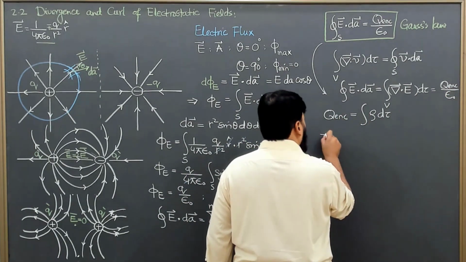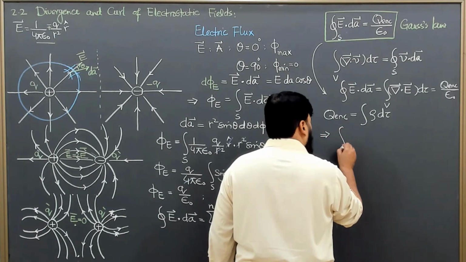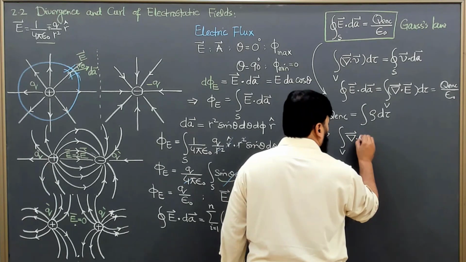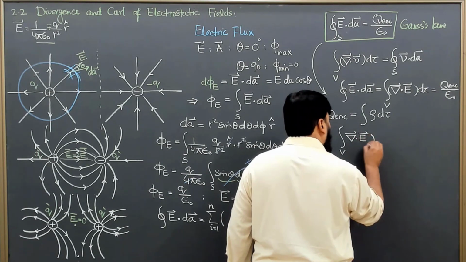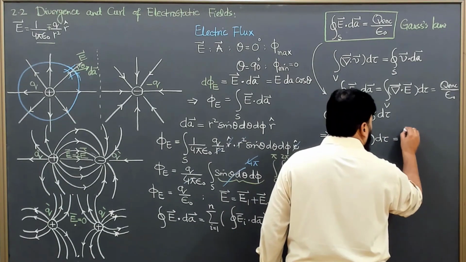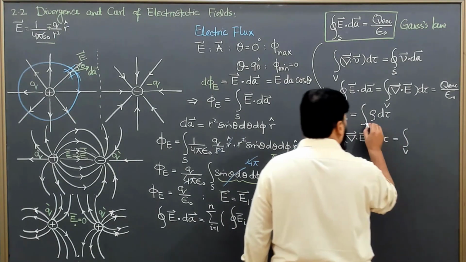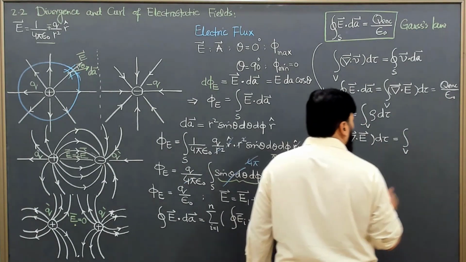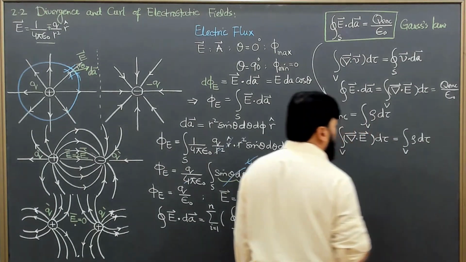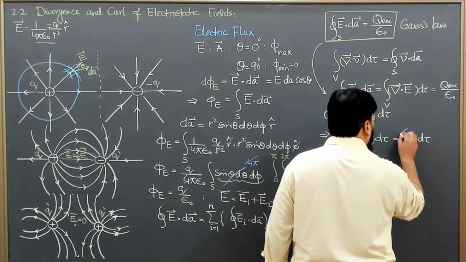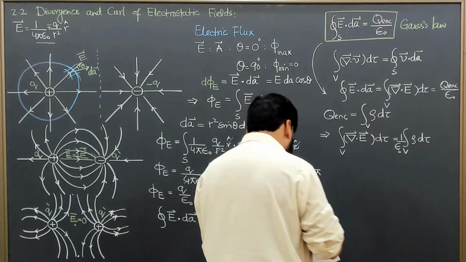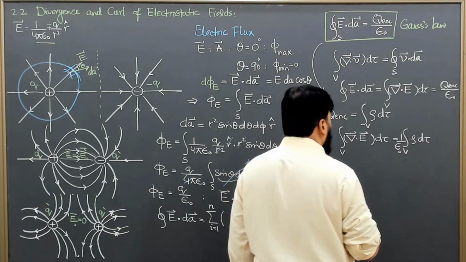This implies that the volume integral of the divergence of E, d tau, is equal to the integral on a volume, because this is also a volume integral, of rho d tau divided by epsilon naught. So 1 over epsilon naught and rho d tau.